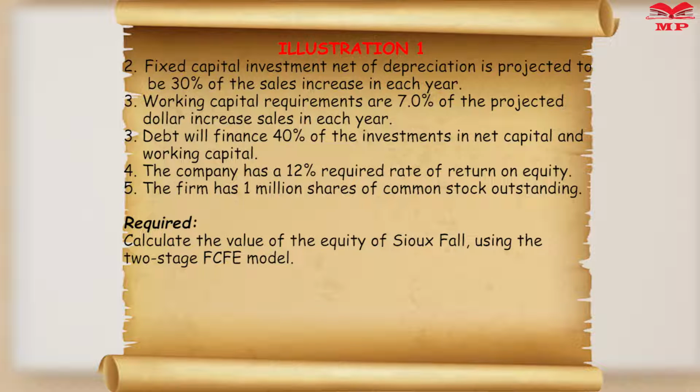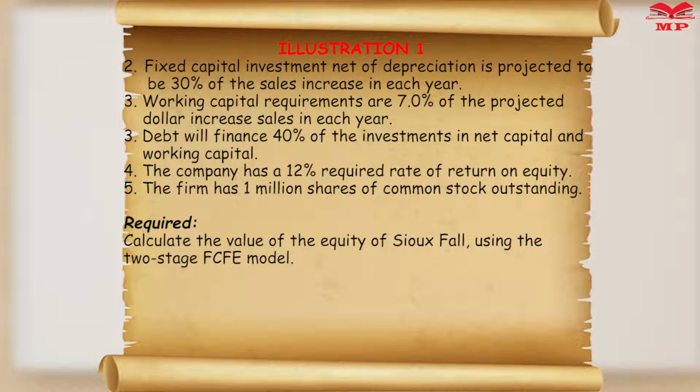Working capital investments or requirements are 7% of projected shilling increase in sales each year. Debt will finance 40% of investments in net capital and working capital. The company has a 12% required rate of return on equity. The firm has 1 million shares of common stock outstanding. Calculate the value of equity of S company using two-stage FCFE.